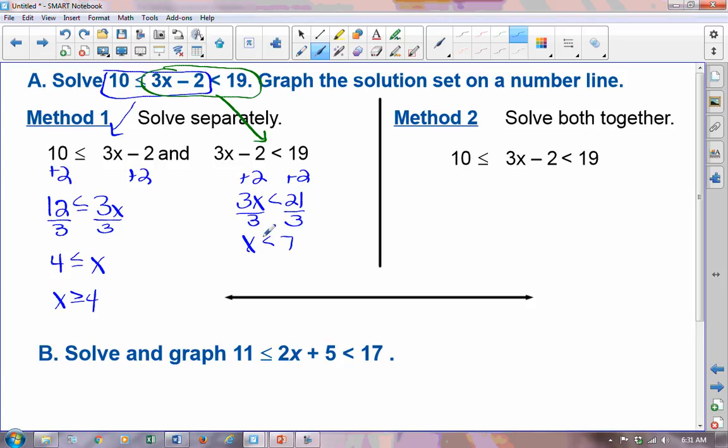Okay? So you can see where you have a 4, you have 7. The 4 gets a closed circle. The 7 gets an open circle. So if I'm going to, let me change the color on that 7. We'll change it to red.